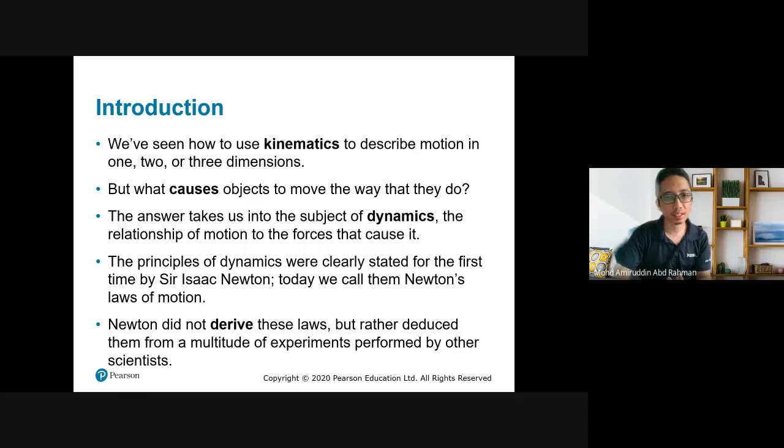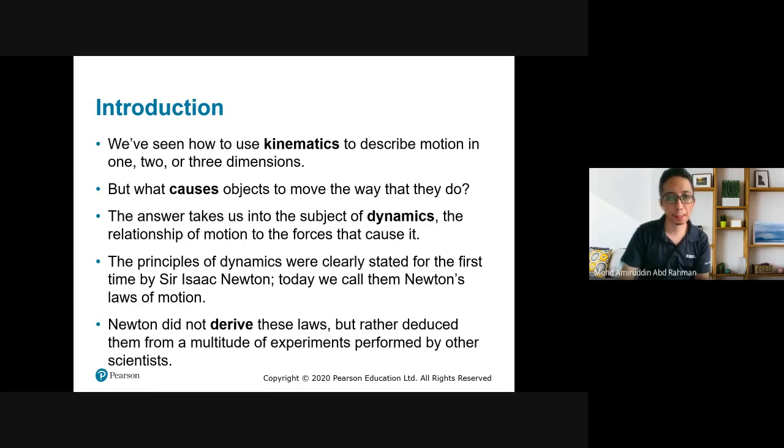The principles of dynamics were clearly stated for the first time by Sir Isaac Newton. That's why we have Newton's law of motion. Sir Isaac Newton did not derive these laws, but he rather deduced them from a multitude of experiments performed by other scientists.